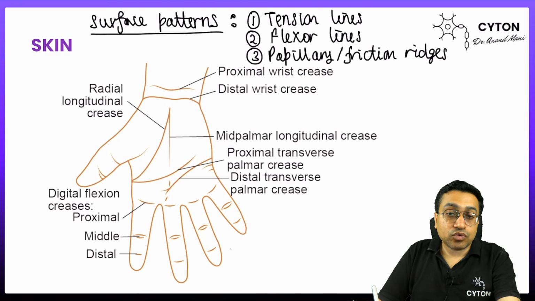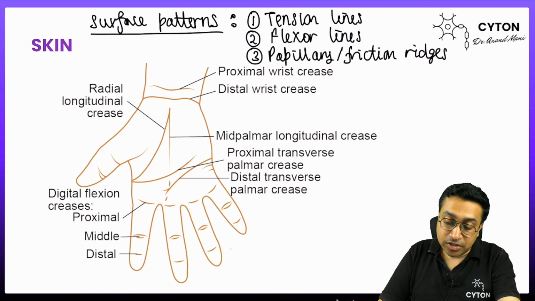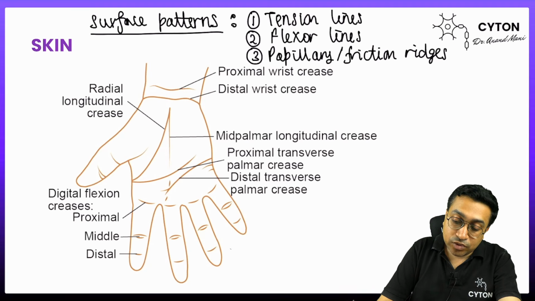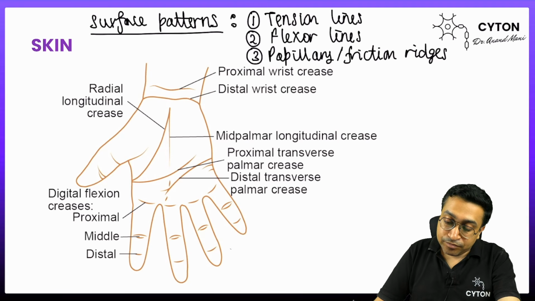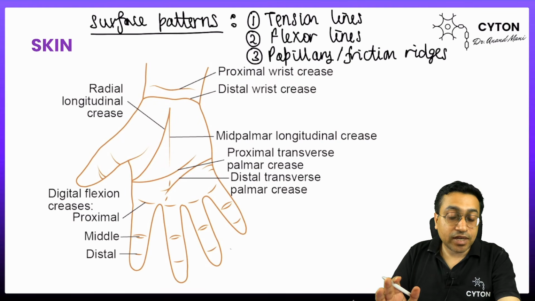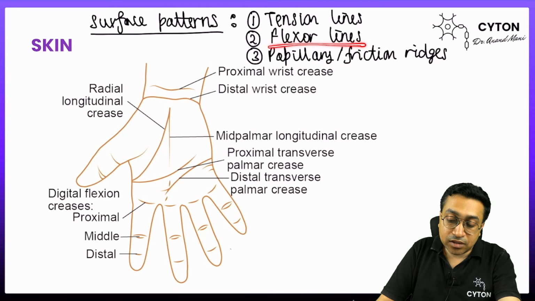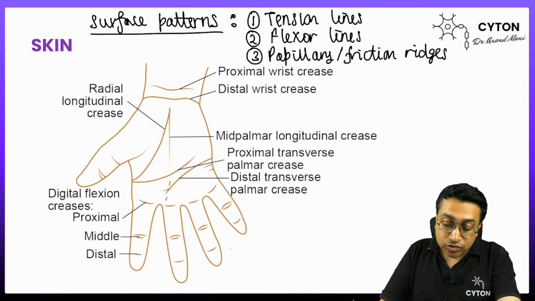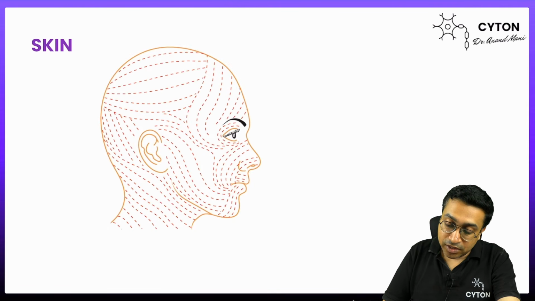So the skin surface patterns include the flexor lines, as you can see in this image. Classically, as you can appreciate, the proximal wrist crease and the distal wrist crease. All these are palmar creases which you can see in your palm. They can be flexor lines or flexor creases, acquired permanent lines or creases in the skin. Then you have the tension lines, that is the Langer's lines.